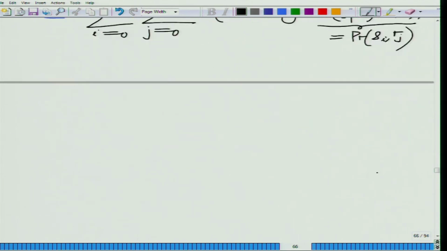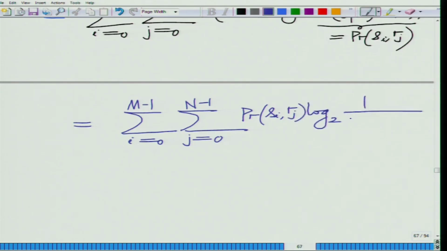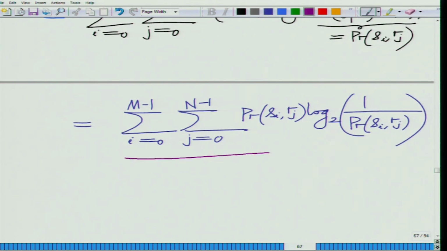that is the intersection of Si comma Rj, and therefore, this is going to be summation i equal to 0 to m minus 1, summation j equal to 0 to n minus 1, probability Si comma Rj, log to the base 2 of 1 over probability Si comma Rj, and if you can recollect, this is nothing but the joint entropy of x comma y.